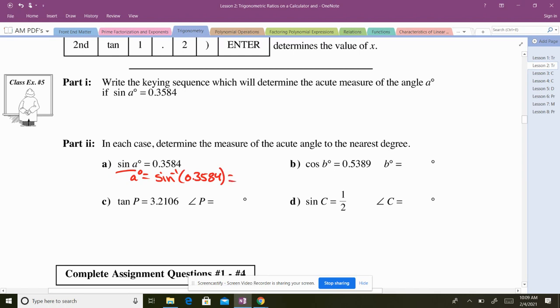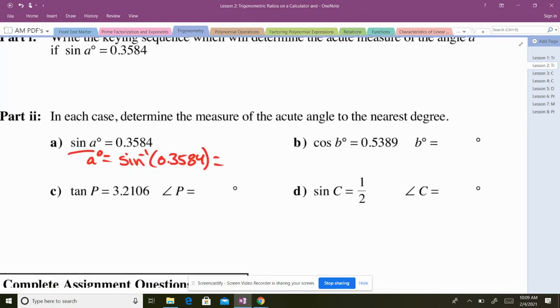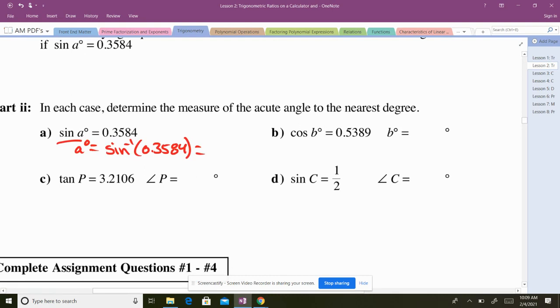What is that angle? Anyone? Whoever said that? Is that you, Selma? Is that you? 21.